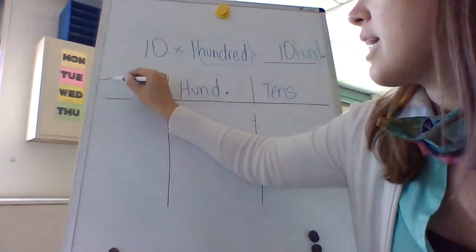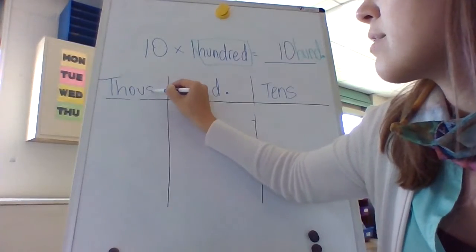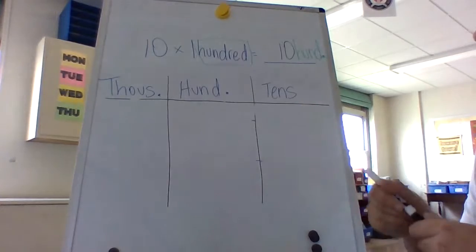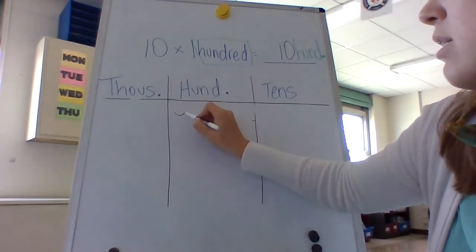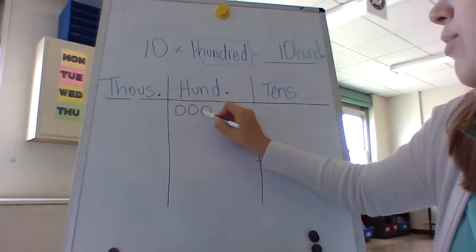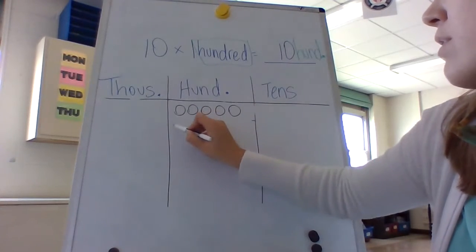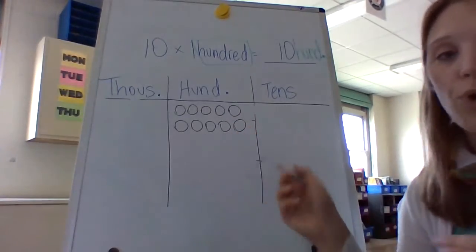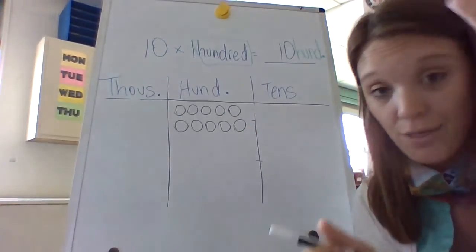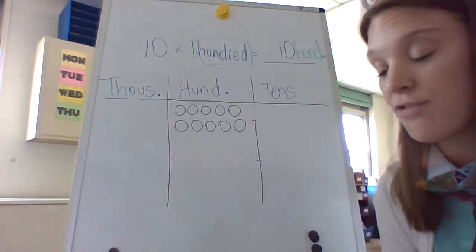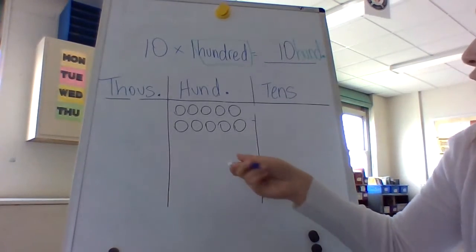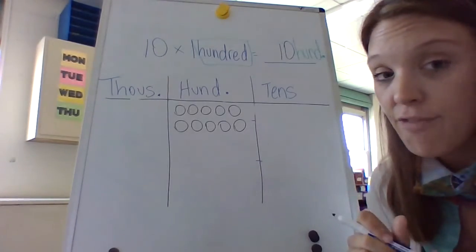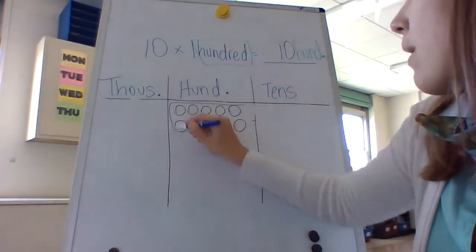And the next biggest is the thousands place. I'm going to abbreviate that too. So I'm going to draw 10 place value discs in the hundreds place. 1, 2, 3, 4, 5, 6, 7, 8, 9, 10. This work is already done for you in your math homework. I already did the place value discs for you. So here we have 10 hundreds. So think of it as a 10 frame again. We're going to bundle it.